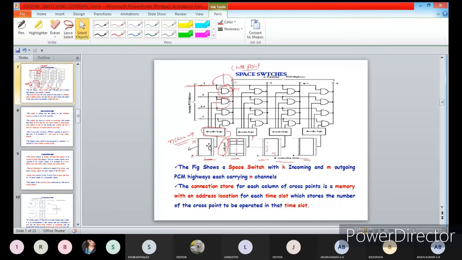This address is processed by the processor and decoded cyclically, read out in a synchronized manner. When the logic is decoded, pulses are generated and given as input to the AND gate. When both inputs are 1, we get the output as 1. Like that, we make the connection between the incoming PCMs and the outgoing PCMs.